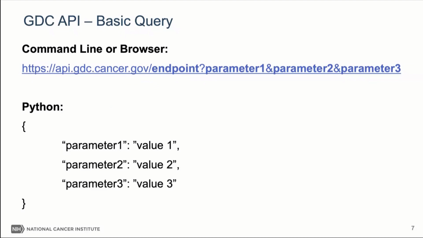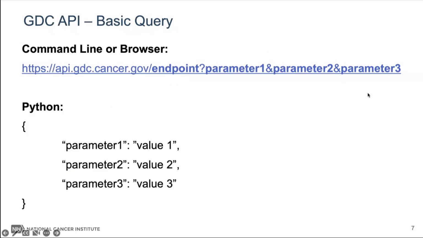After that comes the parameters that give information on how you want to query that endpoint. We're going to get much deeper into this later. But just to show you the query on a command line or browser, it's a question mark after the endpoint, then parameter 1, ampersand, parameter 2, etc. In Python, this is actually laid out more like a dictionary data type. So you have a set of parameters and values, like a key value structure.